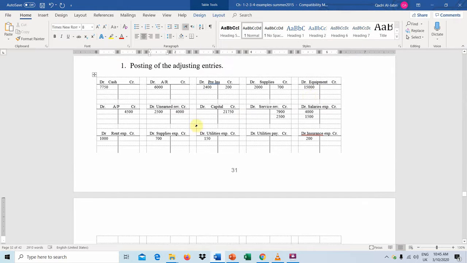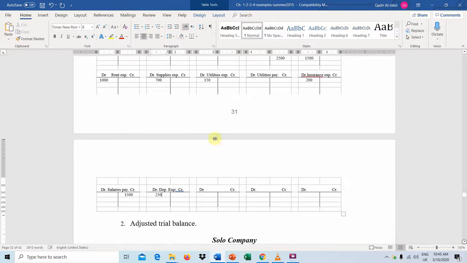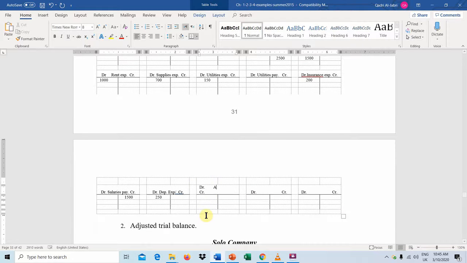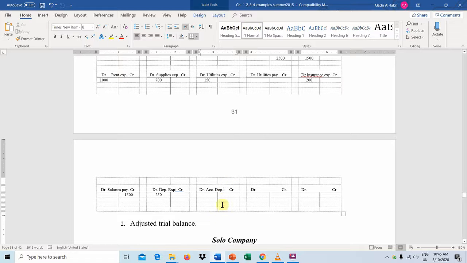As you can see, we don't have an accumulated depreciation, so I will create an account called accumulated depreciation. So accumulated depreciation will be credited by 250.